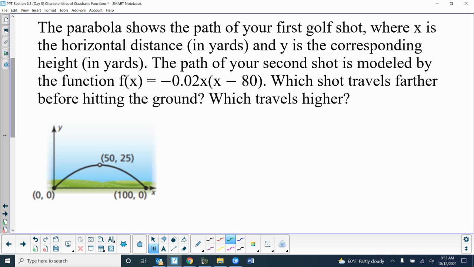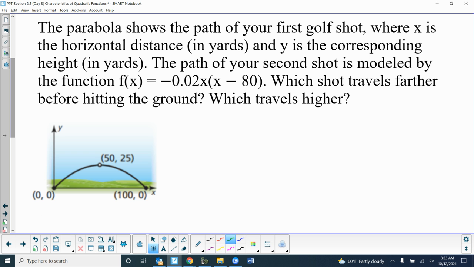All right, so the parabola shows the path of your first golf shot. So this picture down here is your first golf shot. And it says where x is the horizontal distance in yards. So how far did it go? 100 yards. And the y, the corresponding height in yards. So how high did it go? 25 yards, right?